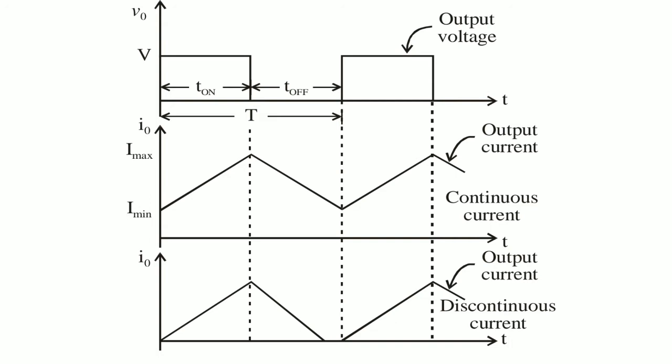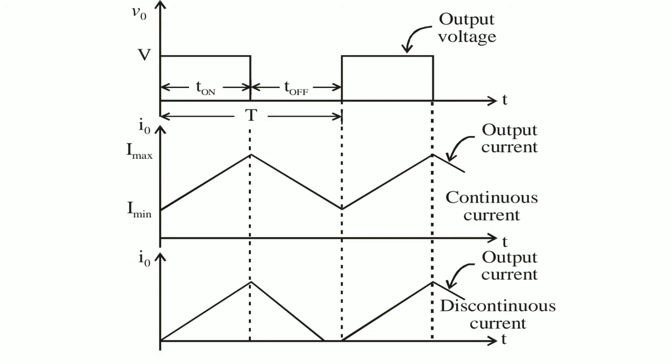But if you watch clearly, the difference between the second and third waveforms is that in the second waveform the output current varies between two points, I minimum and I maximum. But in the third waveform, the output current rises from 0 to a certain maximum value, decays to 0, and again rises from that 0 point. So it is a discontinuous current.